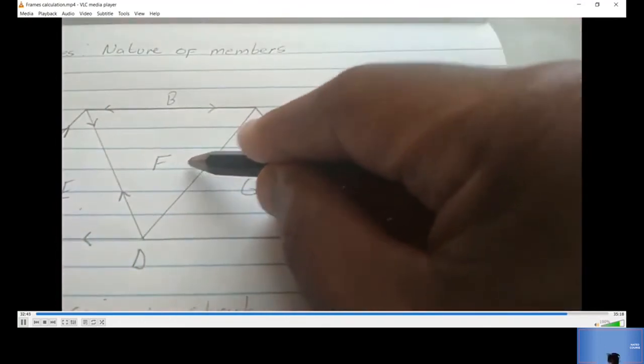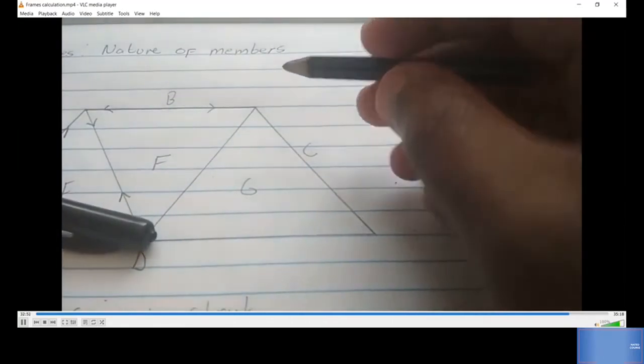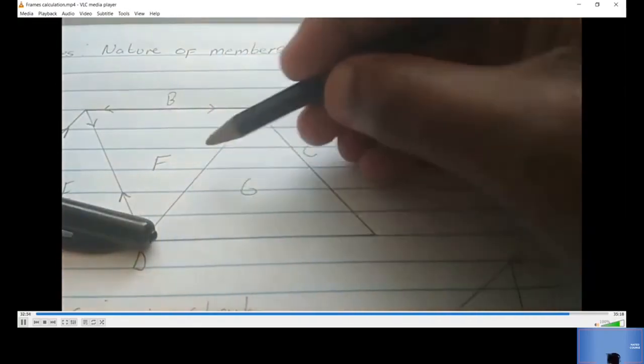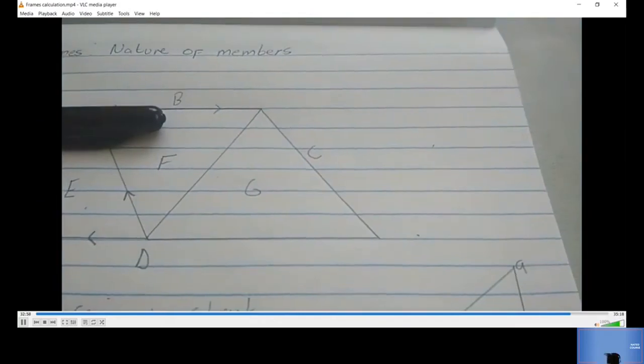Okay, the next one is FG. Remember FG? Okay, so it's that member there. We go stand on its far left, right there, and we move clockwise. So we are moving from F to G. We go to our force diagram. There's F and there's G, so we are going that way.